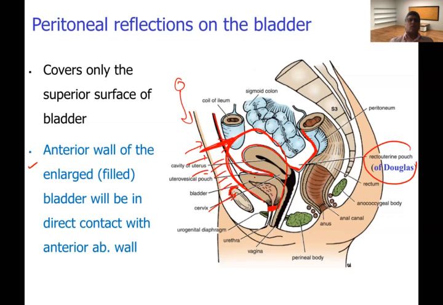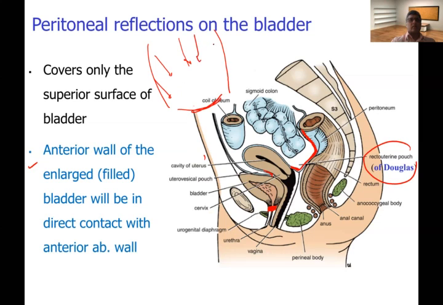I'll draw it here, it's interesting. If you draw the anterior abdominal wall like this, with the pubic bone, the symphysis pubis, here, and you percuss in that direction for the bladder, you will detect this dull line.